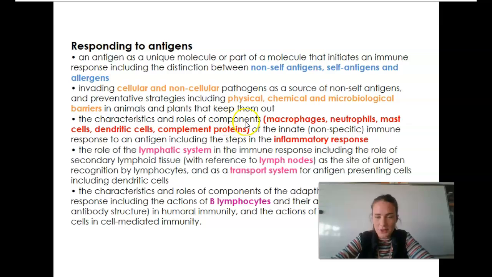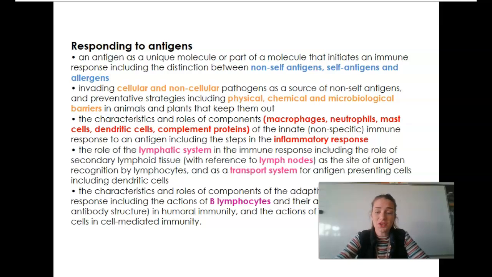So that third dot point, it's a really good one to pay close attention to. This is one of those classic examples of in your textbook, there's a lot more information than you actually need. So really highlight this dot point, and I've tried to bold it to make it nice and obvious. There are five elements of the innate immune response that you need to know the details of.